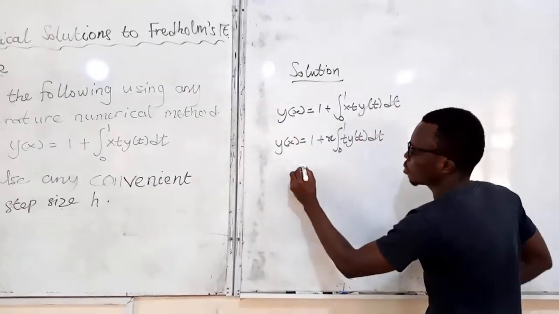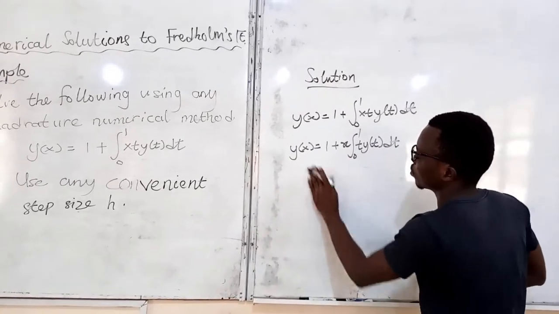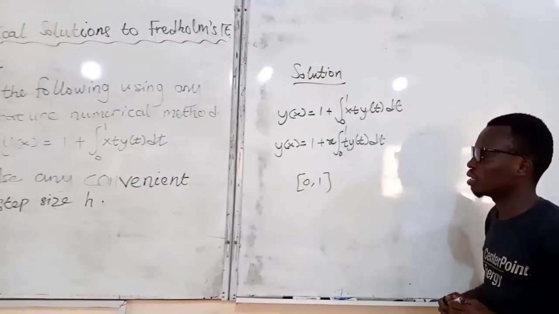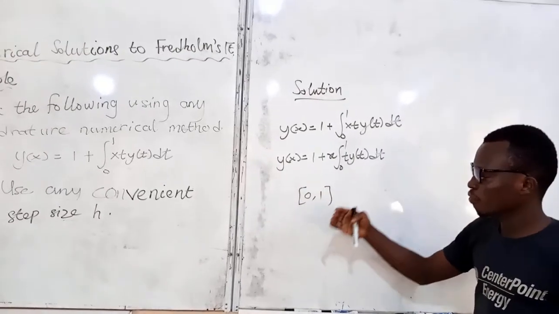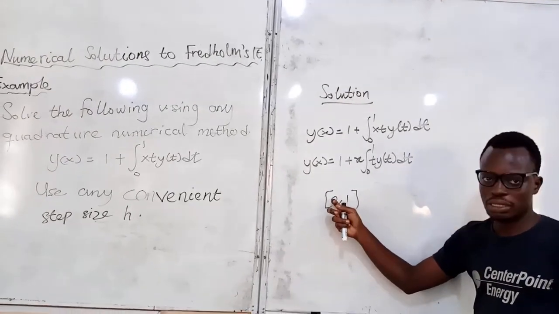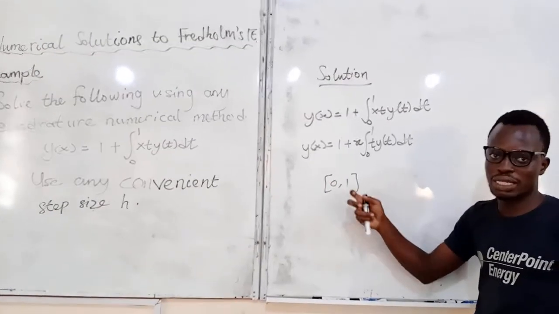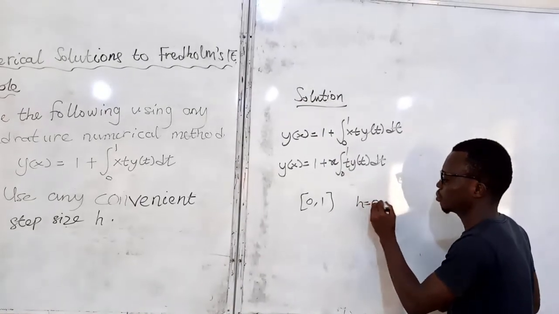And so we have the interval between 0 and 1. Now, let's select a step size such that if you sum from the start of the loop, you get 1. So let's select it to be 0.5.